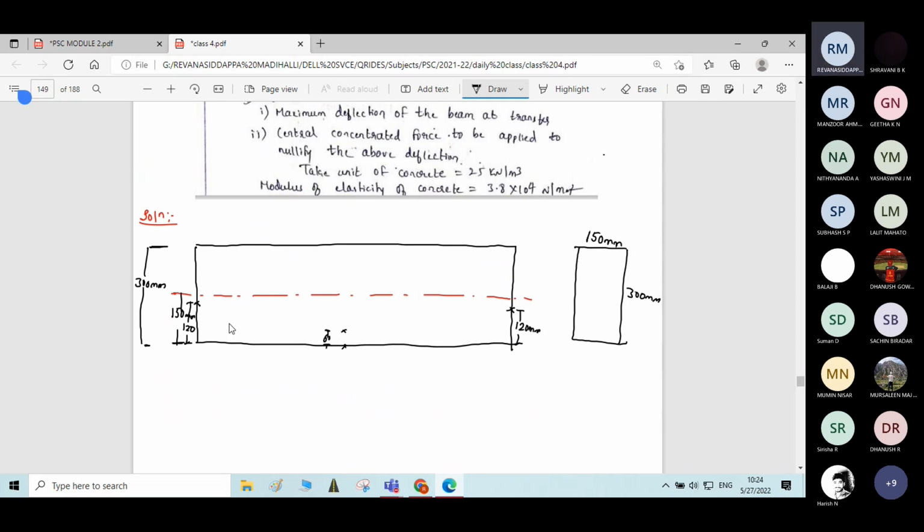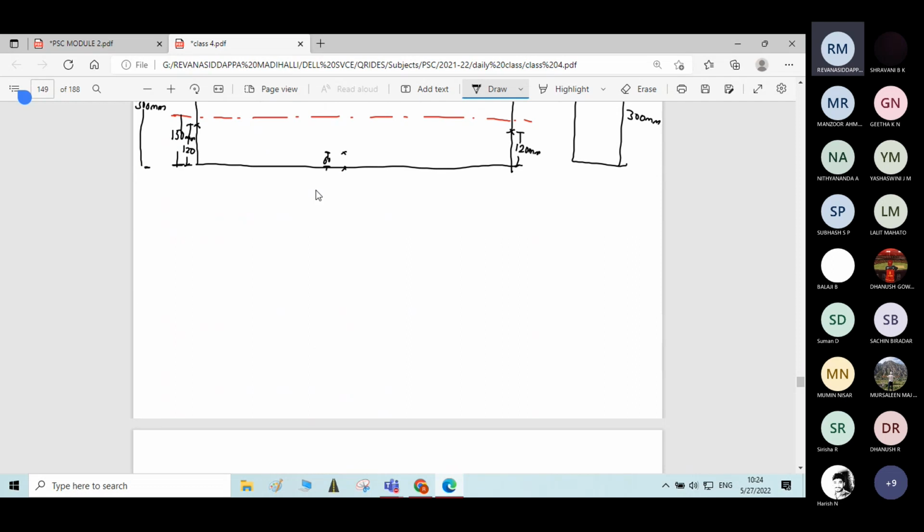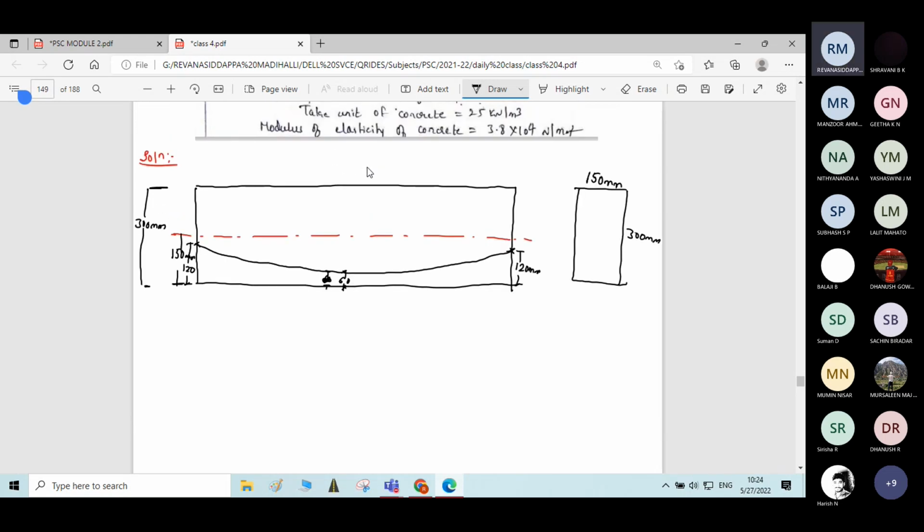So he says that it is a parabolic cable. Let me join the points now. Okay, so this is 60 mm. I hope you are understanding.